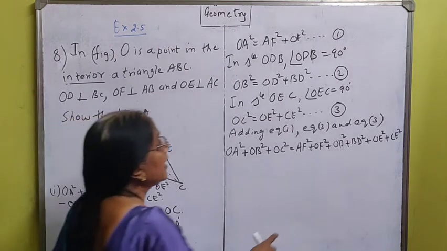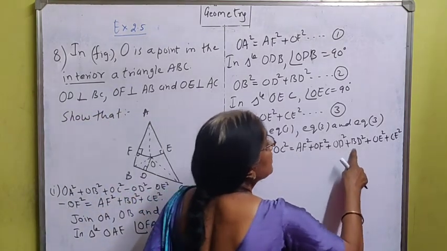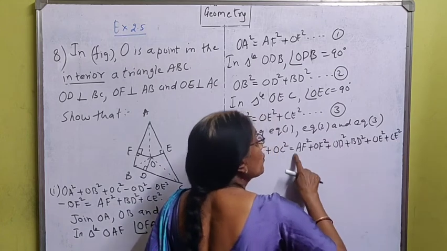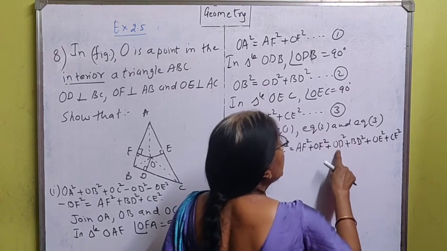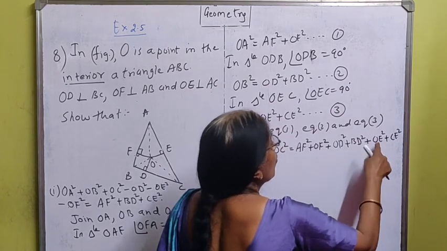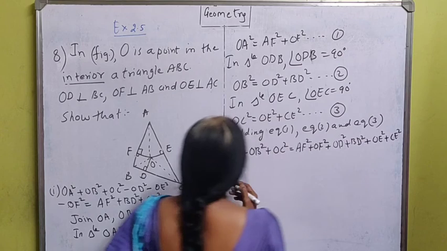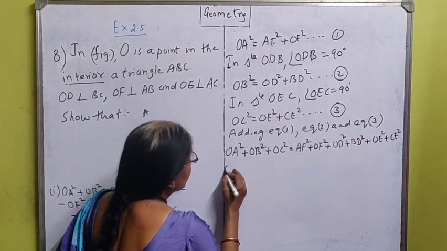So what is remaining there? AF square, BD square and CE square. So AF square plus BD square plus CE square. So OF, OD and OE, I am going to take on which side? On the left hand side.